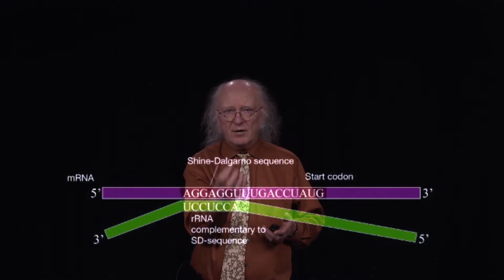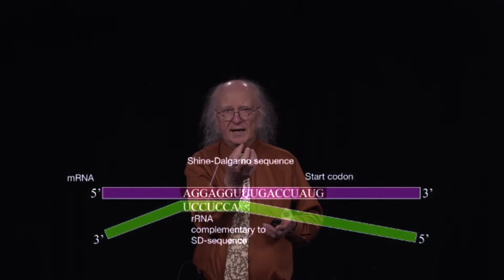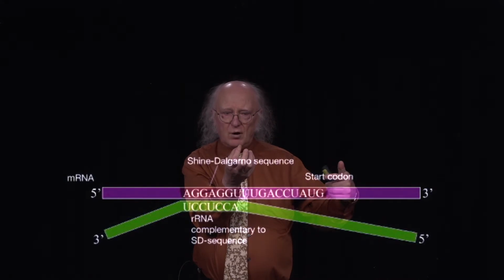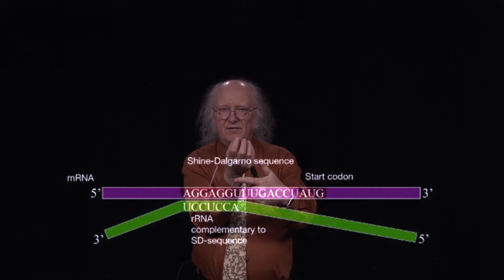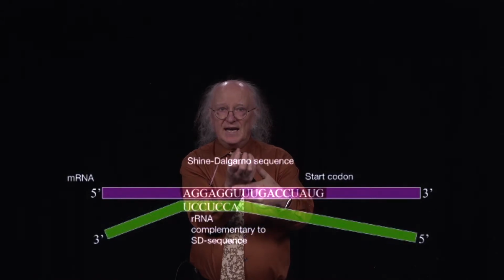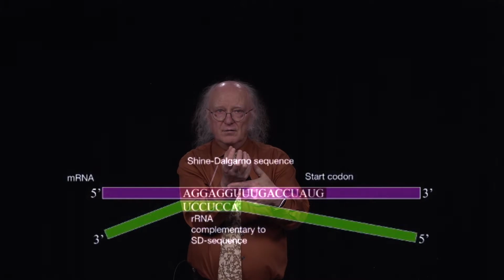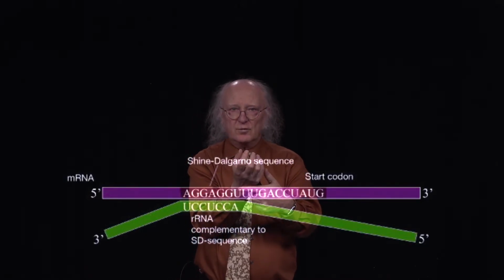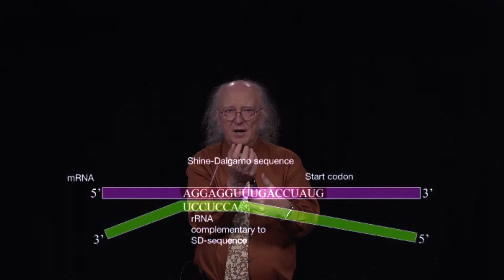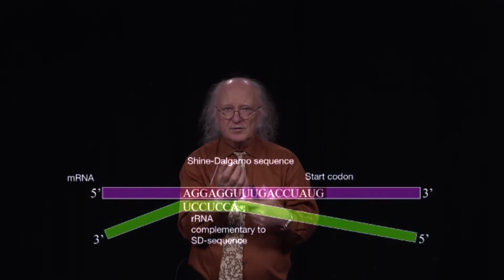So the ribosome is carrying this 16S ribosomal RNA, and when the messenger RNA combines with it, they form base pairs such that the AUG is properly lined up in position to start translation. We'll see that during the initiation phase. But I want you to remember the Shine-Dalgarno sequence.